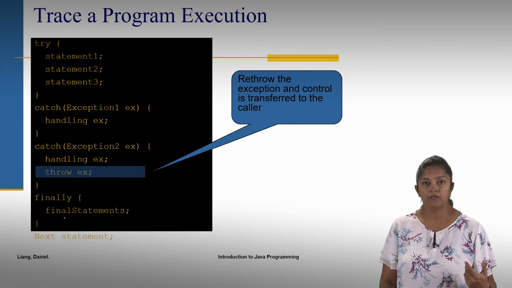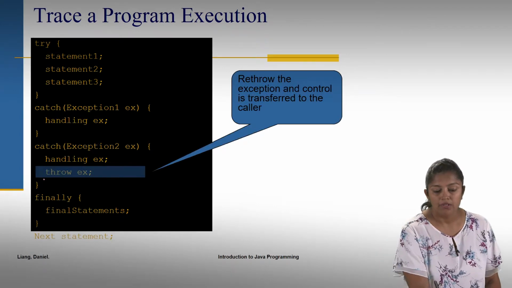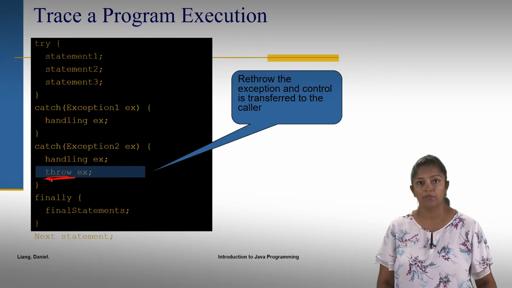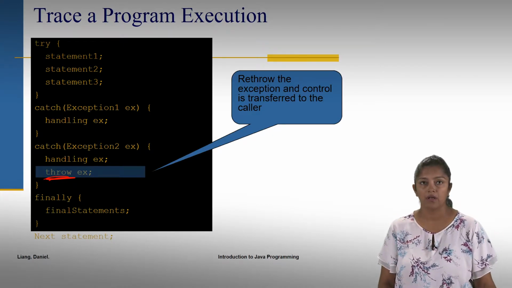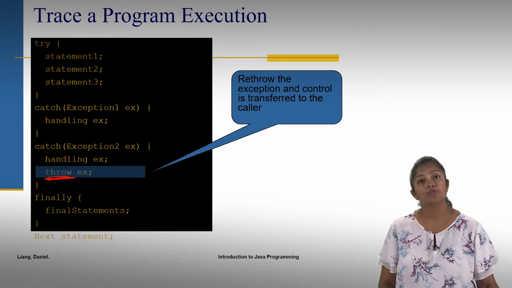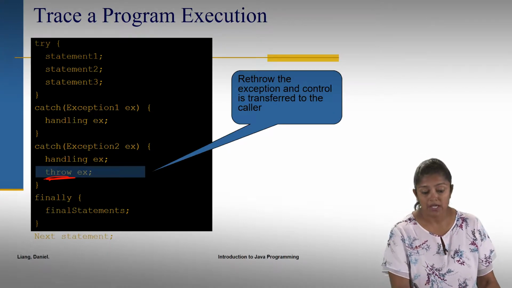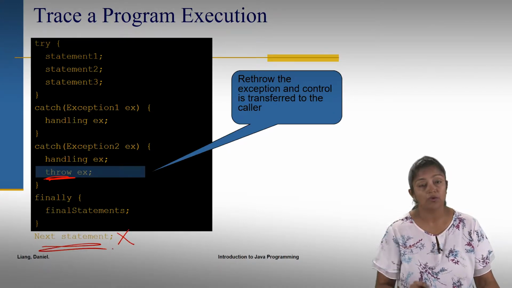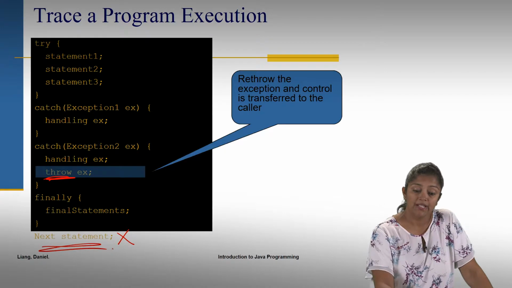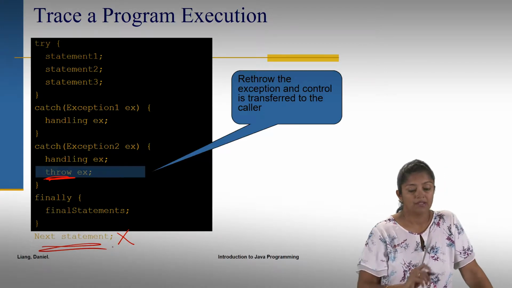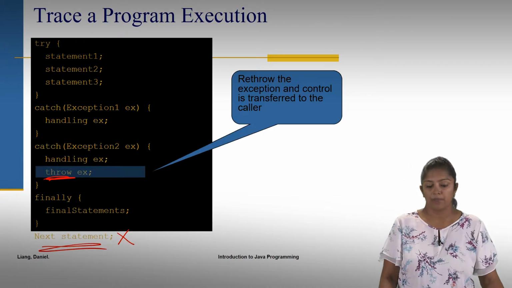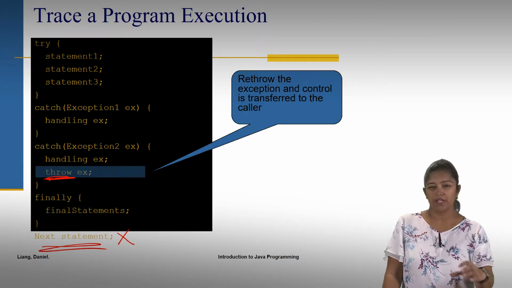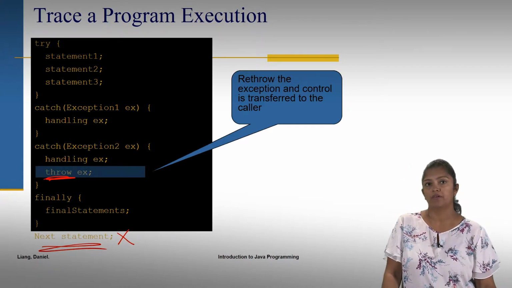And then the control goes back to the rethrowing part, and then the exception is rethrown to the caller. Now in this case, next statements don't get executed. Finally gets executed, but then next statement does not get executed. So that's important to note. That's the significance of having a finally block.